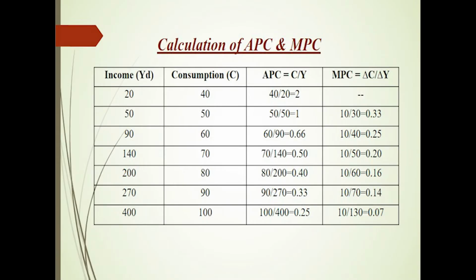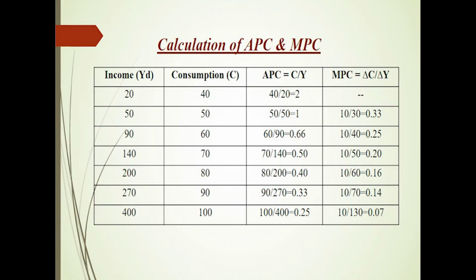So, in the initial case, when consumption expenditure is 40, income level is 20. Here MPC we cannot calculate. Then when income is 50, consumption expenditure is 50. So, what is the variation in the consumption pattern?